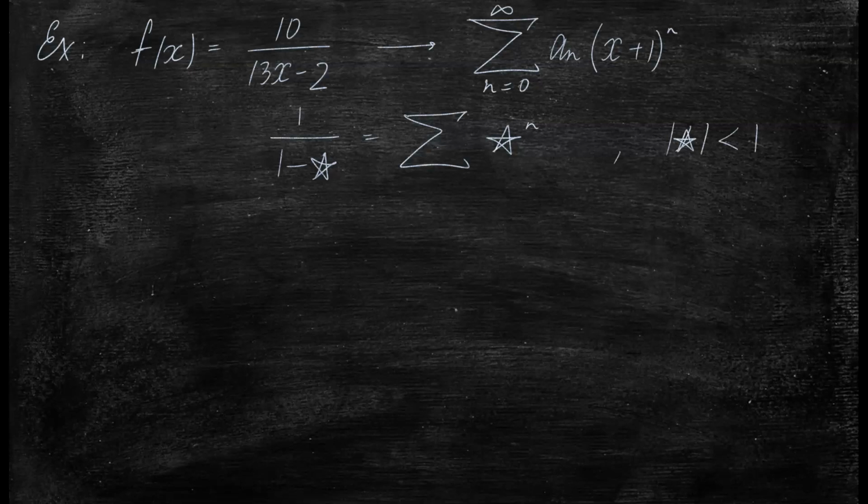Now, what we're going to do is we're going to start with this function, and we're going to create this pattern. And we have to have x plus 1. So if we want to have x plus 1 over here, the only way for us to do that is to have x plus 1 over here. And how do we get that done?